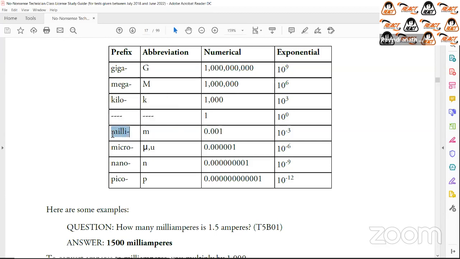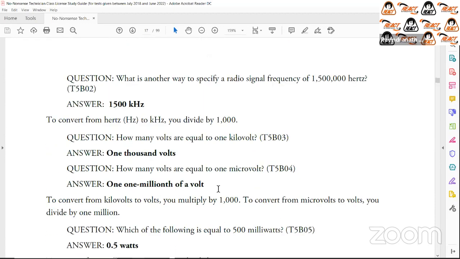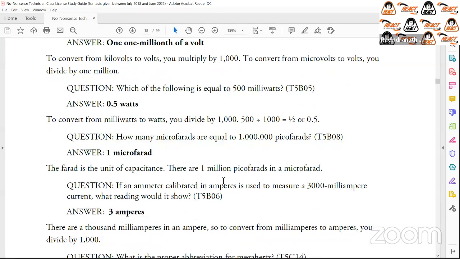It's the same way if we had something that was 1,000 millimeters and we want to know how many meters, we divide it by 1,000. So 1,000 millimeters is equal to 1 meter. So we divide by 1,000. We're just dealing with amperes in this case.